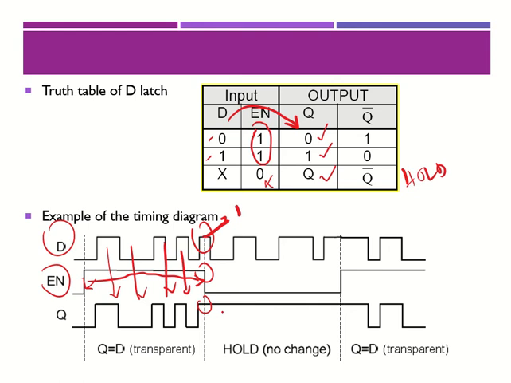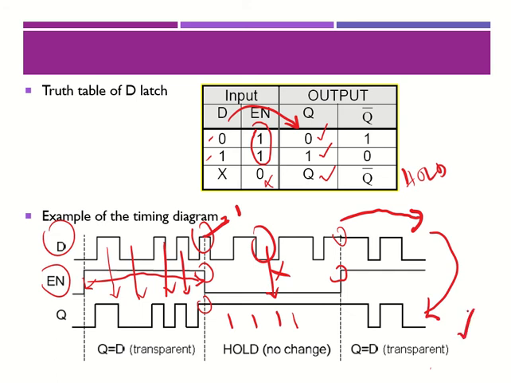That's why over here it is always 1. Even though D changes here, the output doesn't change, so it's going to be always 1 until the enable becomes 1 again. Then it will start to repeat whatever the data is over here, so that's why you get the same result over here.